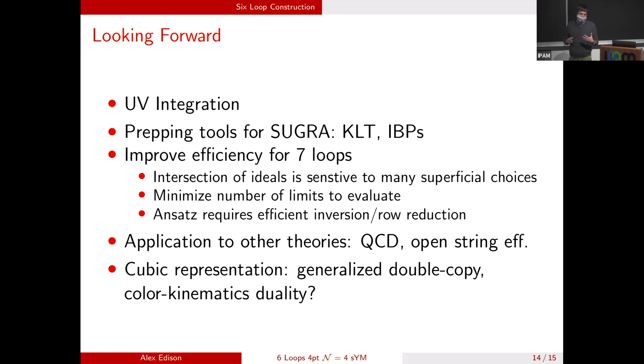Mostly it's going to be a trial for various tools, tricks, techniques, understanding, getting the computers to work together properly, because this is going to be a big problem to tackle as we move forward. One of the other things we need to work on is improving the efficiency for 7 loops. Off the top of my head, most of the 6-loop maximal cut calculations take between 1 and 10 seconds.